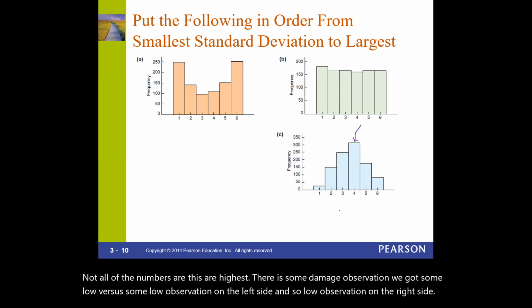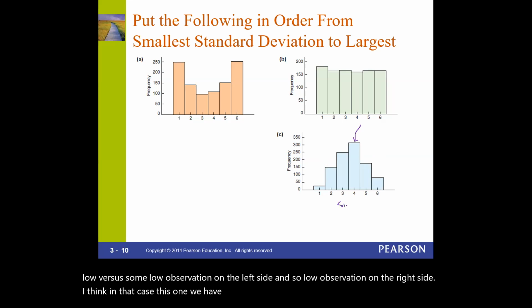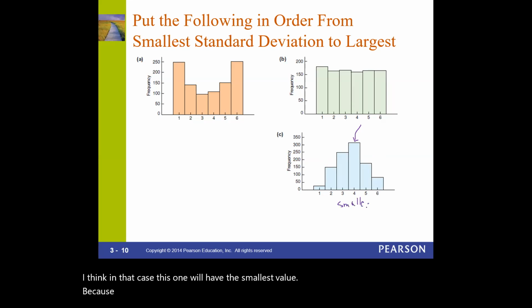I think in that case this one has the smallest value because it has some low values. But over here on B, everything looks really high, so the mean would also be high.